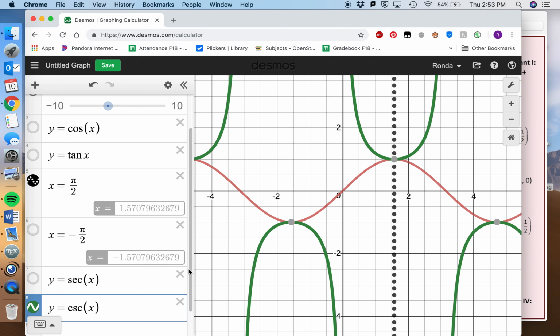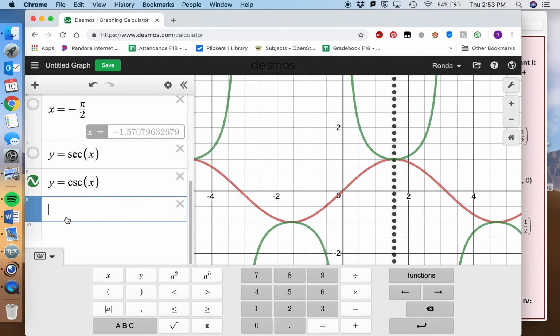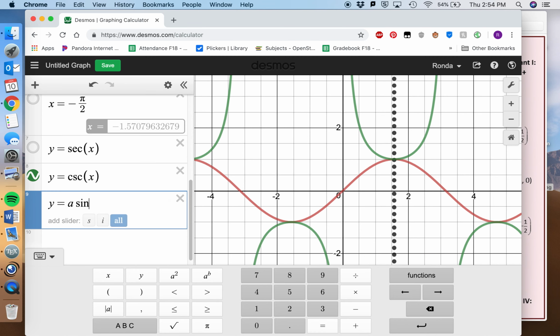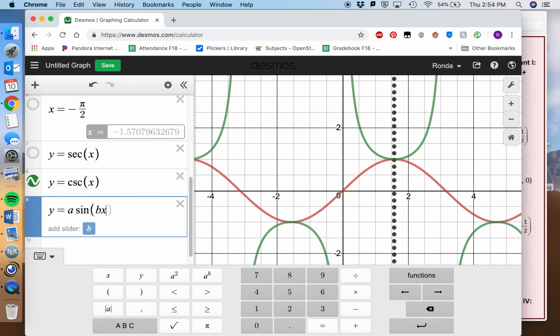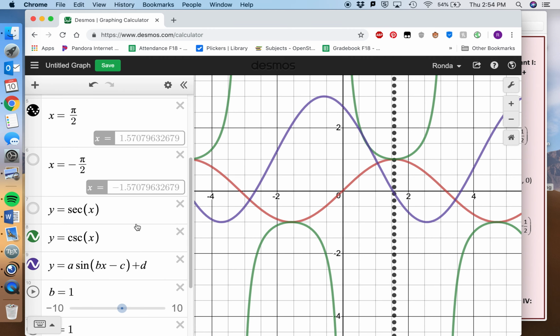So what I want you to do, and this is sort of your in class entry problem, is think about, and let's just start with sine and cosine. What I want you to do is put in y equals a sine of bx minus c in parentheses, plus d, and then you click all on the slider, and there's a lot of stuff going on here right now.